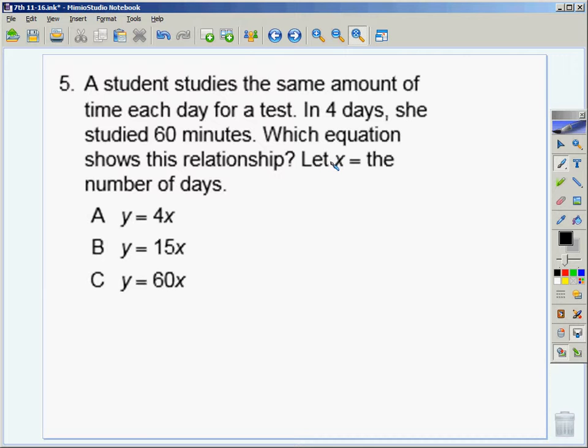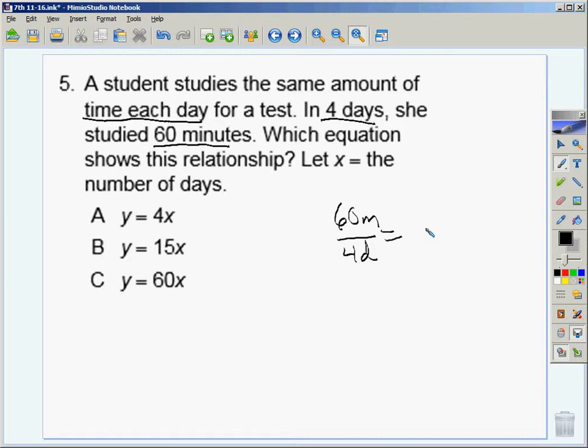Listen, probably the biggest mistake that happened here is people didn't spend the time reading this very closely. A student studies the same amount of time each day. Do I know how much she studied each day yet? No. It said in 4 days she studied 60 minutes. 60 minutes, 4 days.